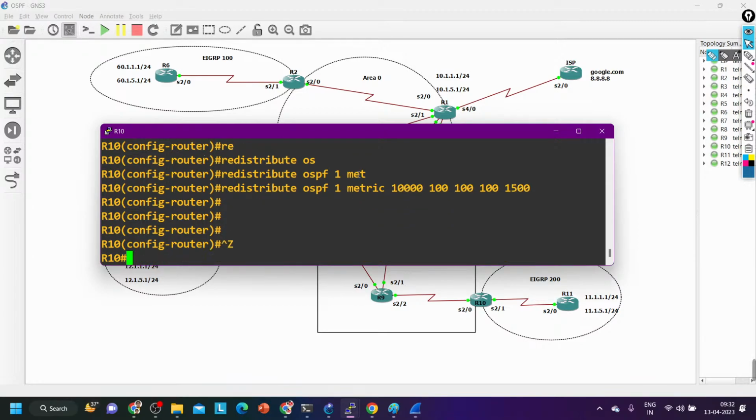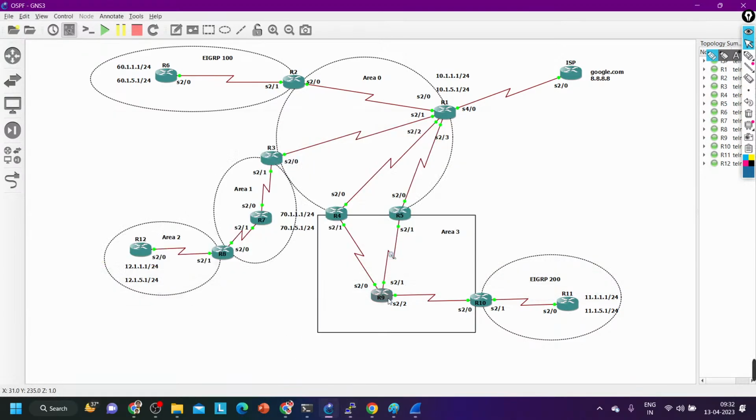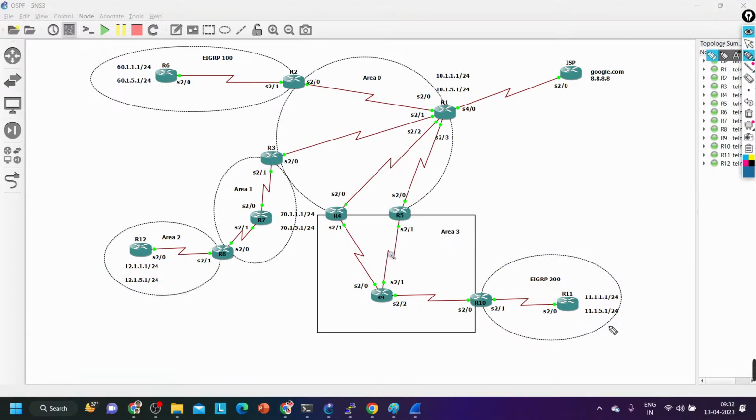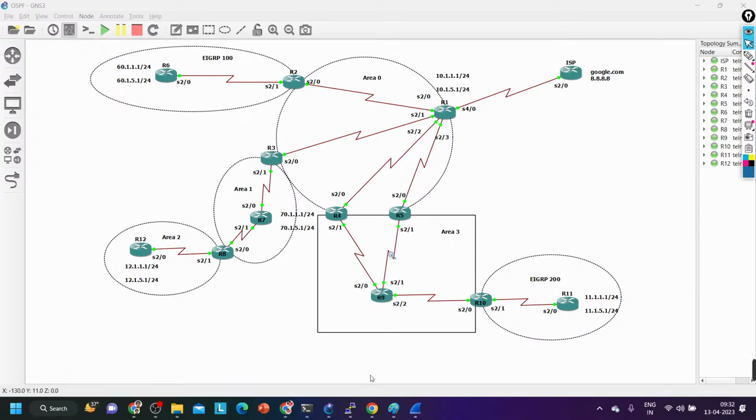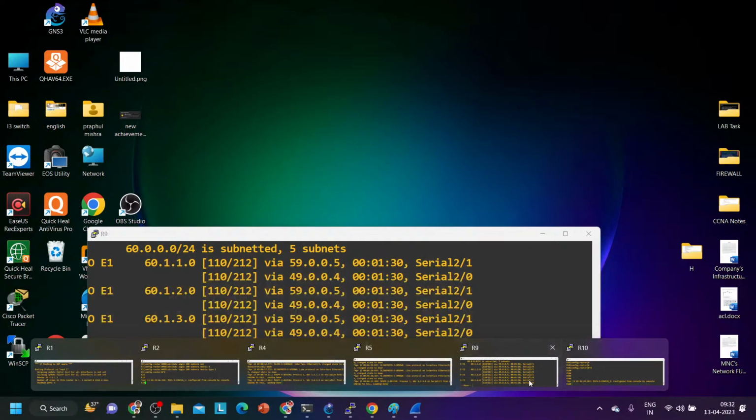Done. Now router 5 will receive all these prefixes in the form of LSA 5, and these prefixes in the form of LSA 3. Yes or no? So let me show you the database of router number 9.